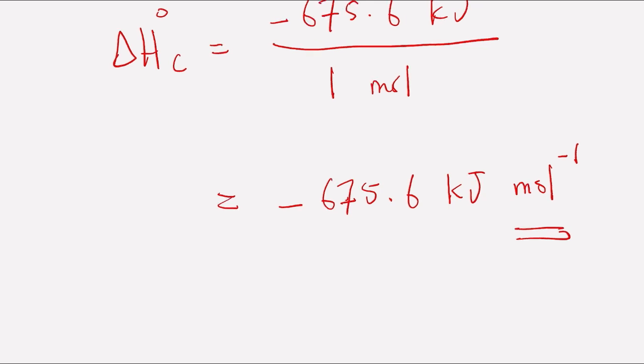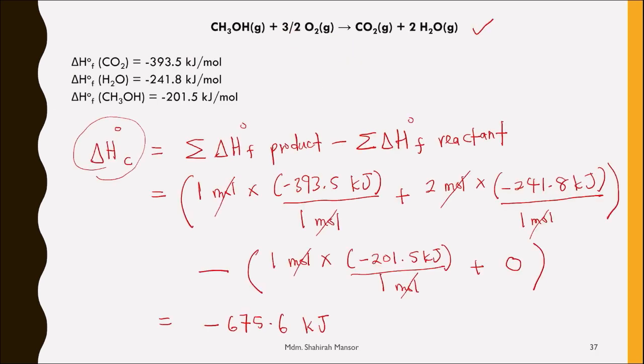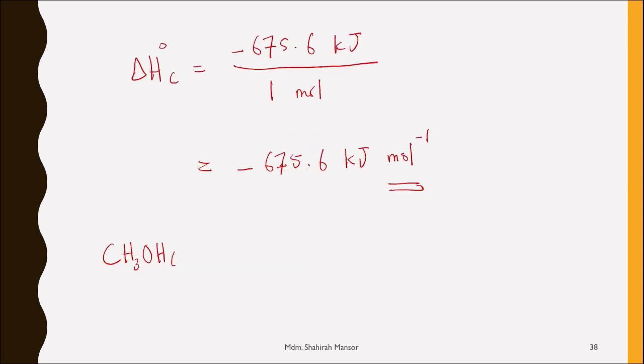Alright, now when you are about to write its thermochemical equation, again, CH3OH burning, a carbon and hydrogen compound, you will get carbon dioxide and water as the products. Please be sure of the balancing, so make sure everything is balanced.